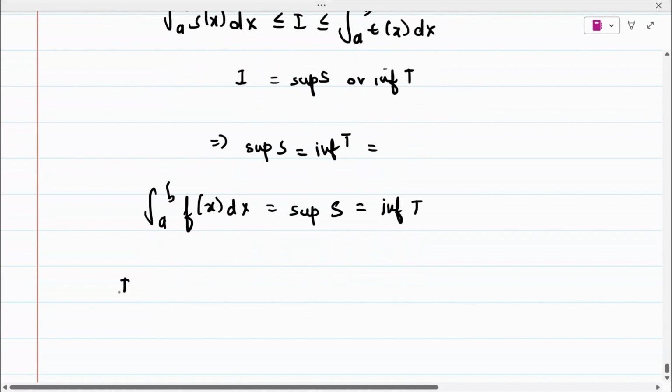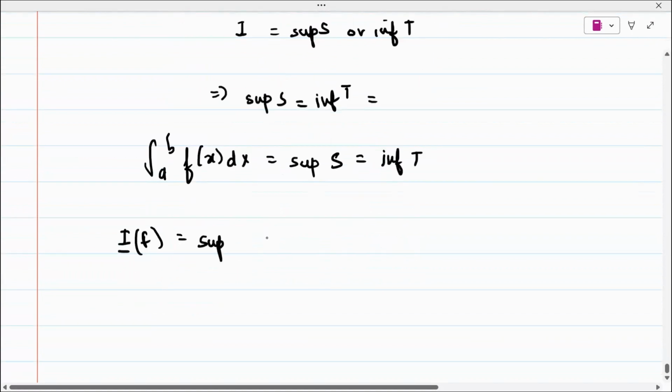Now you have a lower integral and an upper integral.